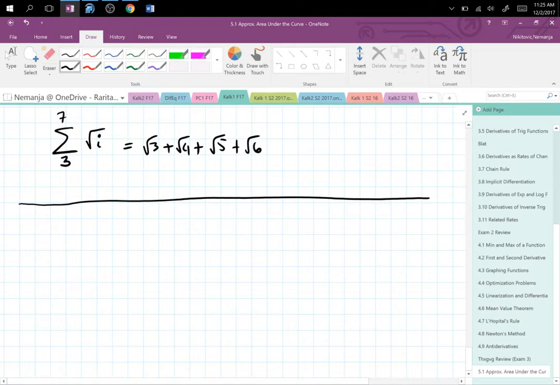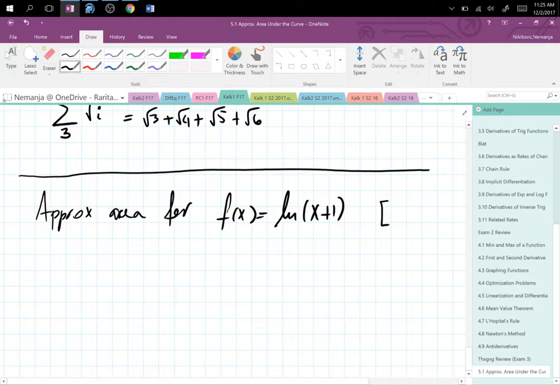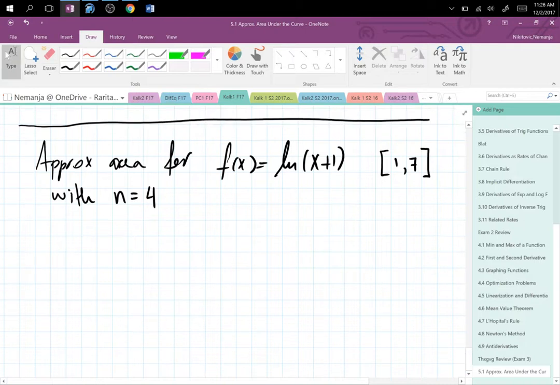So now, I will ask you to compute, so approximate area for f of x equals ln of x plus 1 on 1 to 7 using 4 rectangles, and then using 6 rectangles, and then using 9 rectangles.